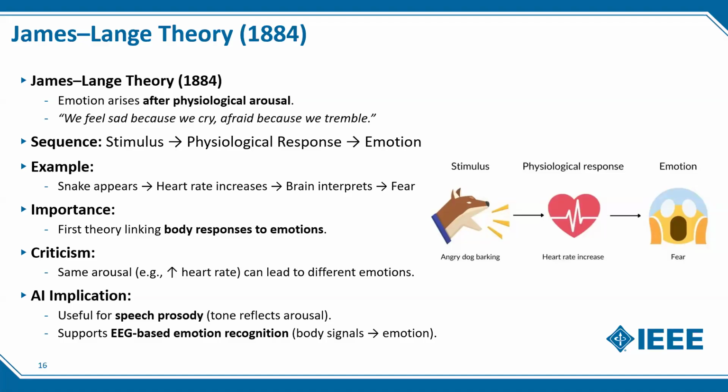So first we have a stimulus, then there is a physiological response, and after the physiological response, an emotion comes. An example is an angry dog barking. That is the stimulus. When we see an angry dog barking, our heart rate increases. That is the physiological response. When the heart rate increases, fear arises. That is a simple example for the James-Lange theory.